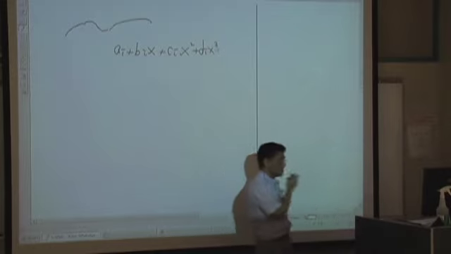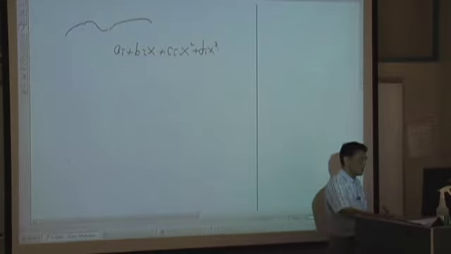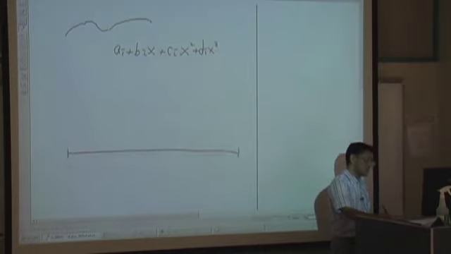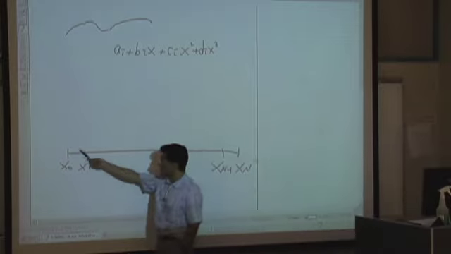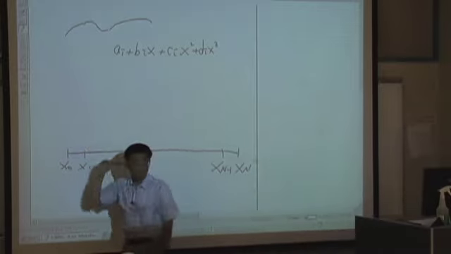So what mathematicians did was this: break up the domain. Of course, this is given by the problem, right? x0, x1, x(n-1), and then xn. So it's broken up by the given points in the problem.